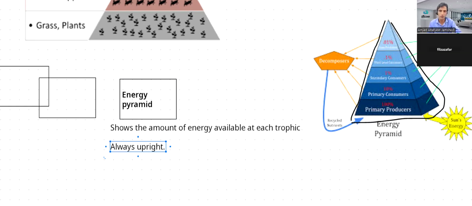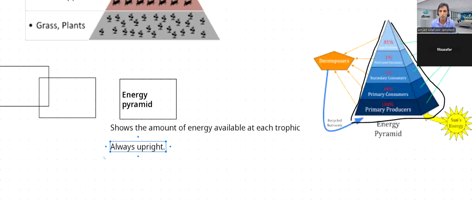The primary producers are definitely the plants. Primary consumers are directly dependent on the plants. Those animals which get their food directly from the plants are primary consumers. And the secondary consumers are those which get food from the primary consumers, like we are eating animals, so we are secondary consumers.